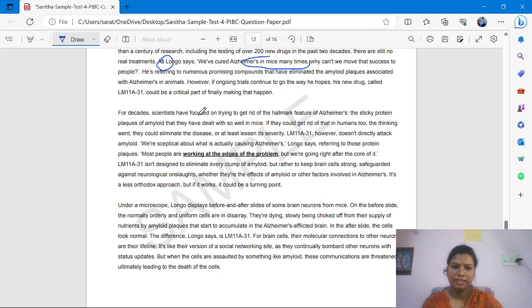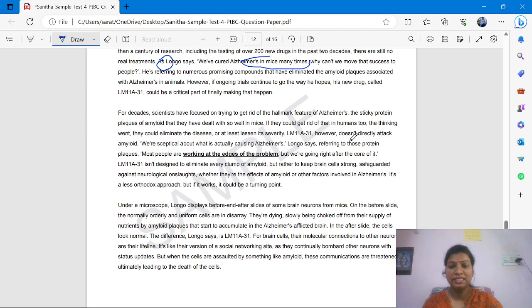For decades, scientists have focused on trying to get rid of the hallmark features of Alzheimer's, the sticky protein plaques of amyloid that they have dealt with so well in mice. The thinking was that if they could get rid of that in humans too, they could eliminate the disease or at least lessen its severity.